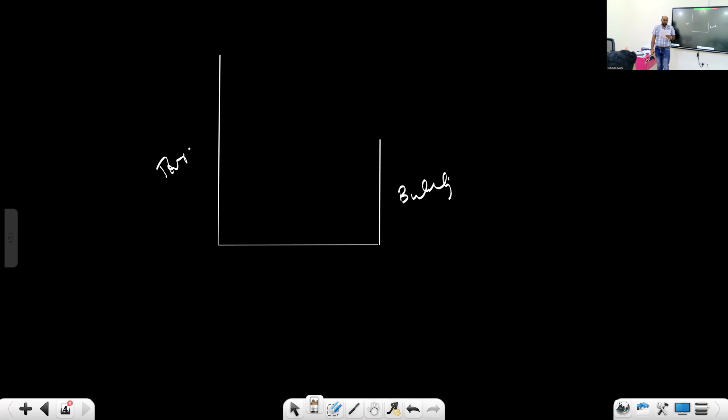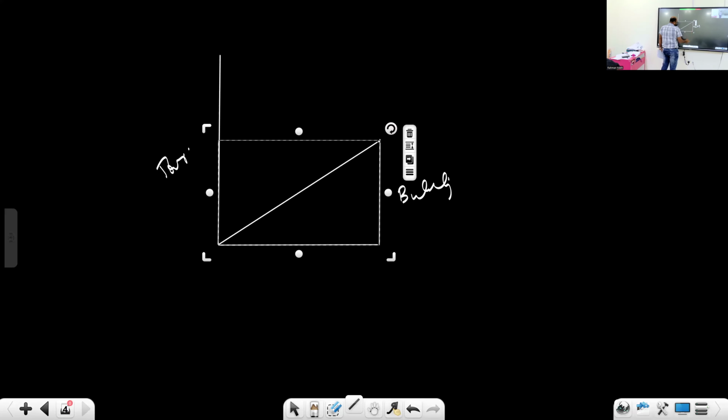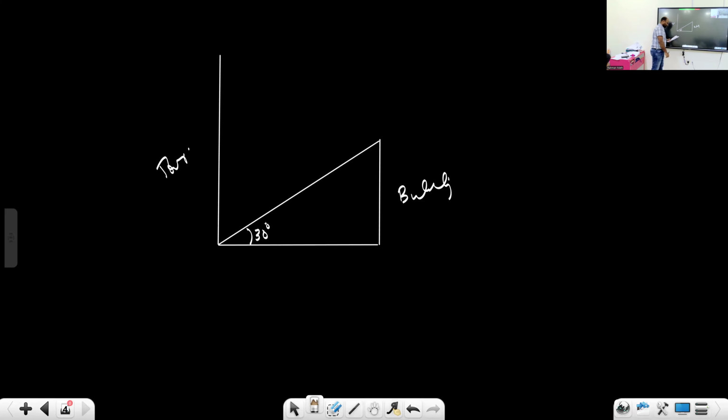The angle of elevation of the top of the building from the foot of the tower, this one, is given as 30 degree. And the angle of elevation of the top of the tower from the foot of the building, opposite.